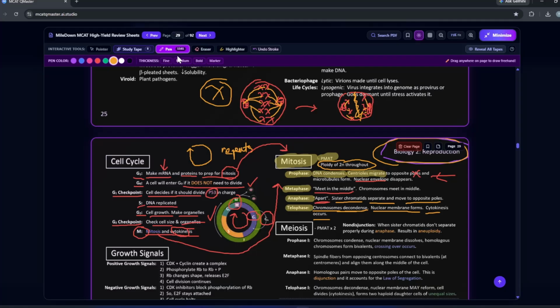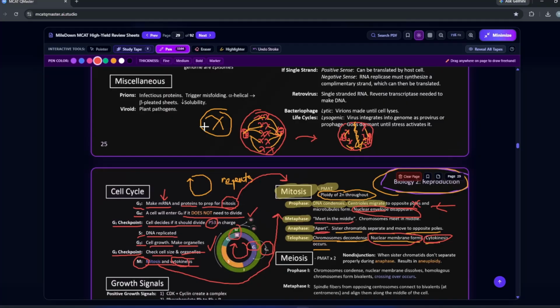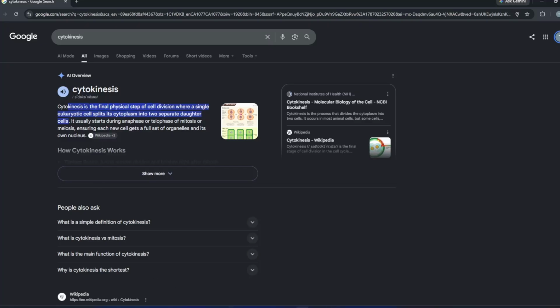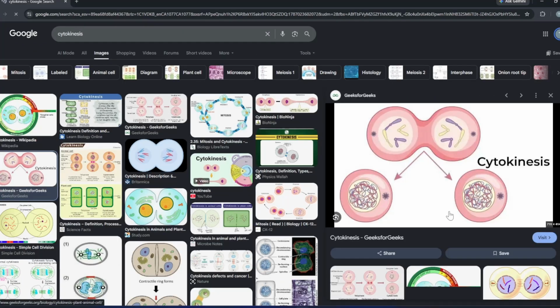The way I think about this nuclear membrane is like your DNA thing is opening and closing. I don't know, but yeah, cytokinesis occurs. So cytokinesis is when all the splitting happens, and I wanted to add that cytokinesis is the final step where a single eukaryote splits its cytoplasm into two separate cells. So cytokinesis is basically the official splitting, right? So they're officially split at that point. So that's what cytokinesis is.